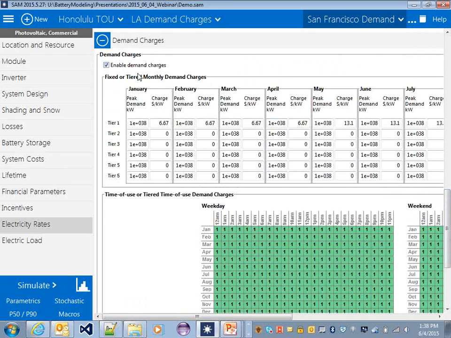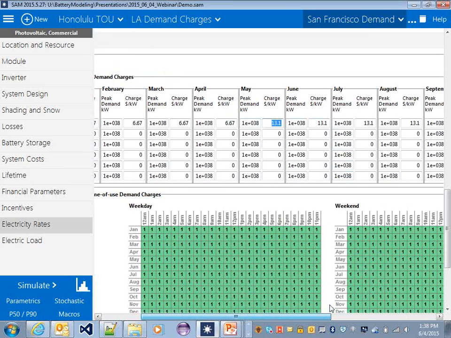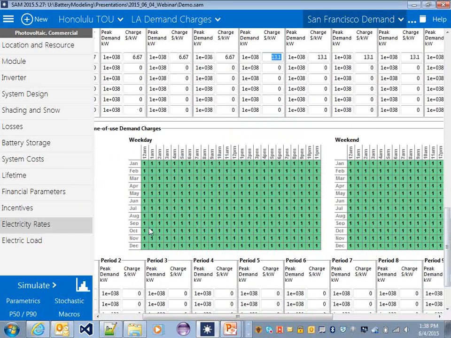Here there are demand charges for the system, but they're very flat, so they basically just change from month to month, depending on the peak kilowatt hours that you use. And so you can imagine if you understand your load well enough, you can tailor the dispatch to try to save some of that peak demand.